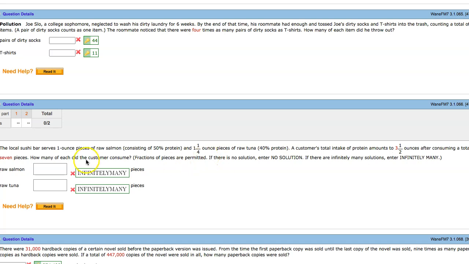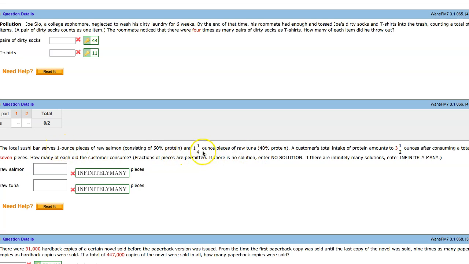One ounce pieces of raw salmon, 50% protein, and 1 1/4 ounces. So x plus y, we'll have to leave it at 1 1/4, guys. So 1.25.